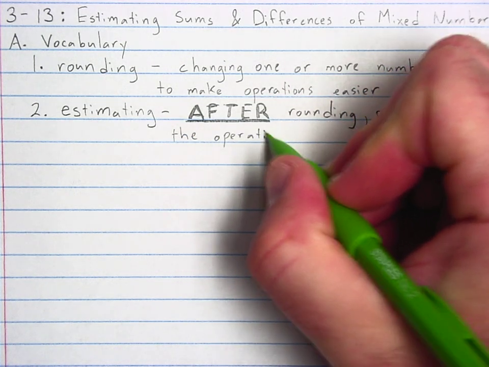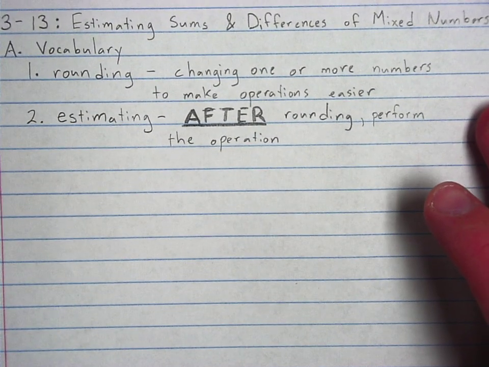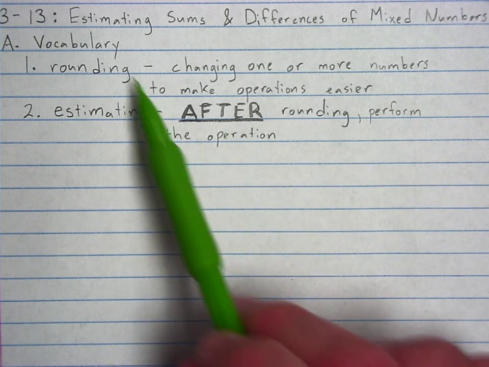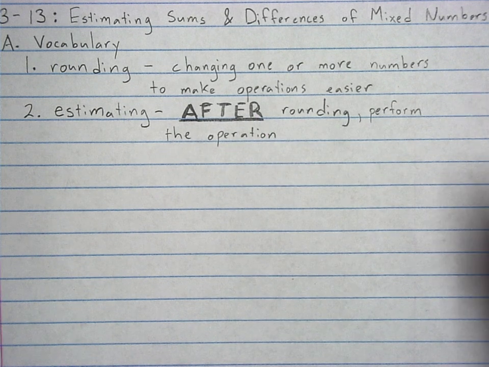Again, you do not want to do the operation first. That's not estimating. If a word problem says about how much, if a test asks you to estimate, you've got to round first, then perform the operation. Okay.